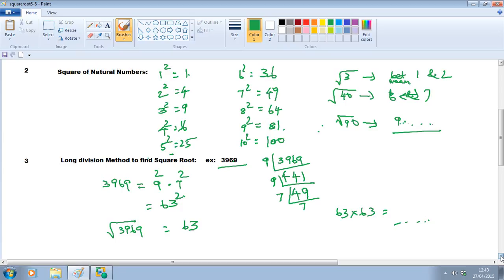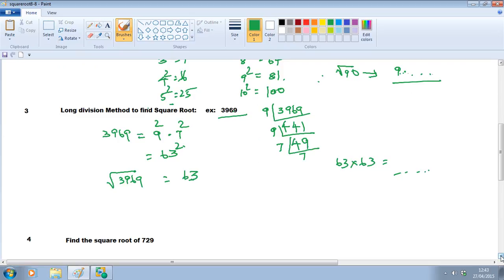Of course, let us say you are not adept at that. You will adopt the second method I told you, some other method, how you will find it without even dividing. I'll tell you a simple method. See, it is 3969. You take 60. 60 multiplied by 60 is 3,600. It is above 60.